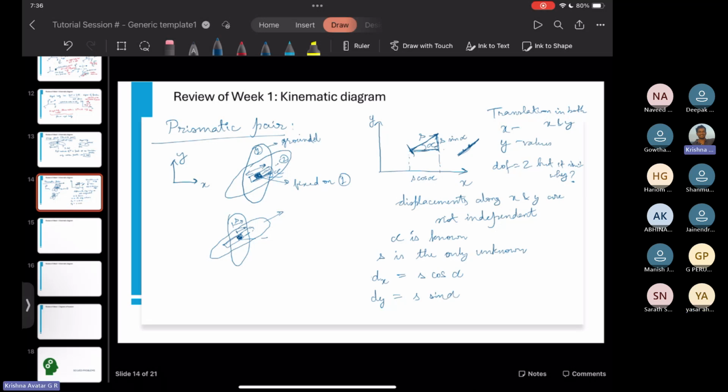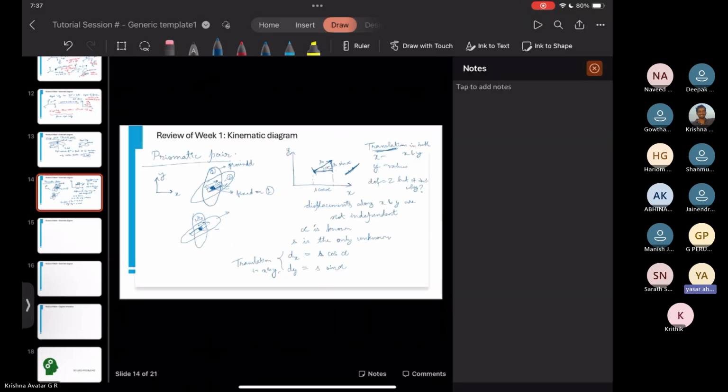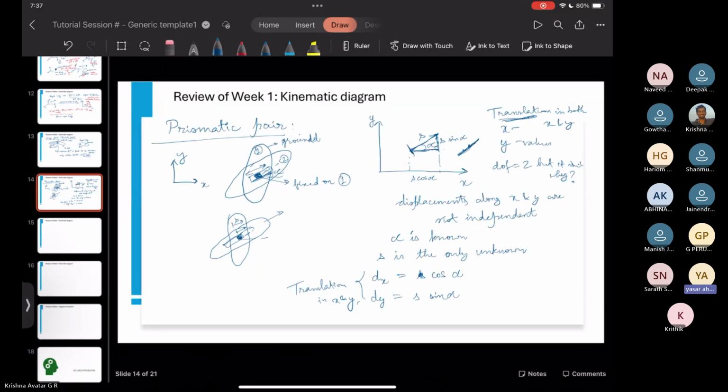So alpha is known, which means that even though the body is able to translate in the x and y directions, the only thing unknown is s.